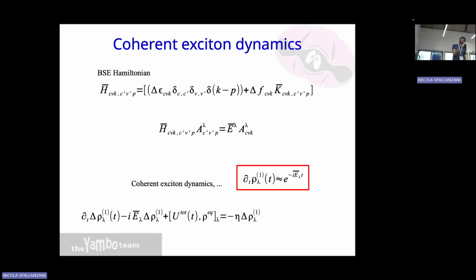And here I see that basically this equation describes coherent oscillations of the matrix at the excitonic characteristic frequencies. And basically one can expect that the density matrix for each lambda term oscillates.